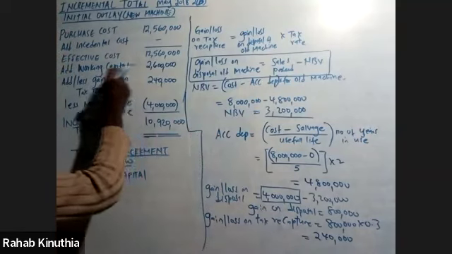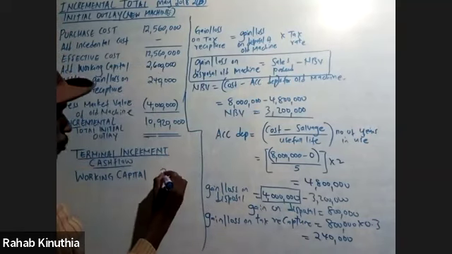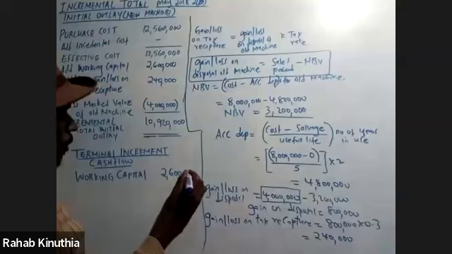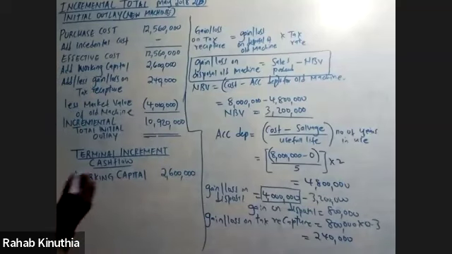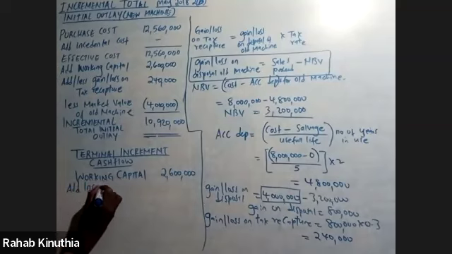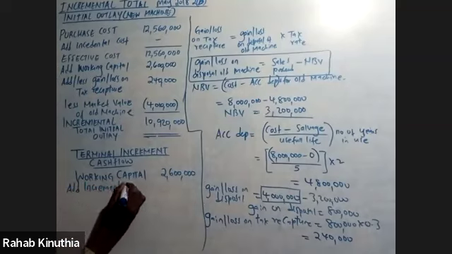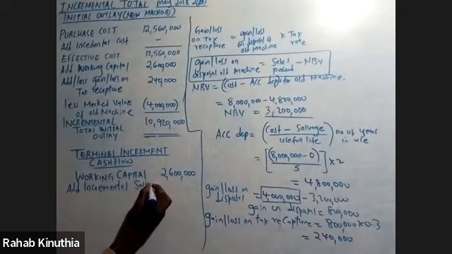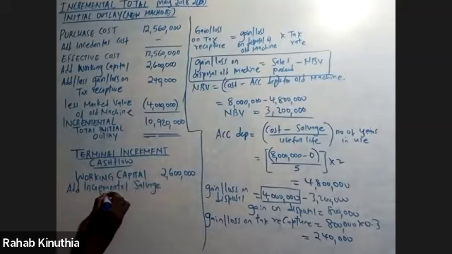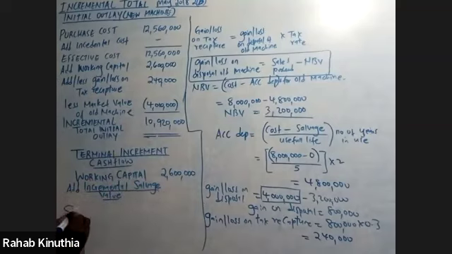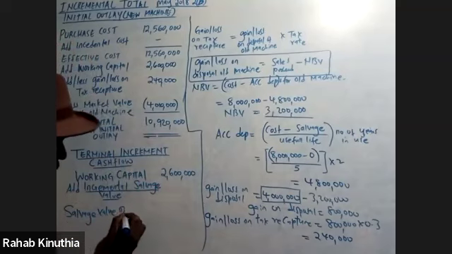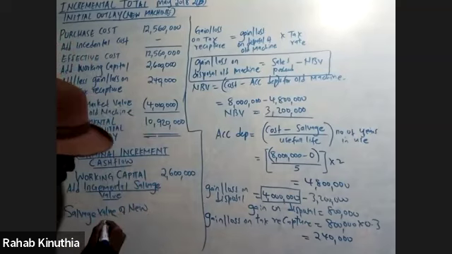It is here, 2,600,000. Then we add the incremental salvage value. How do you determine this one? We start with the salvage value of the new machine.